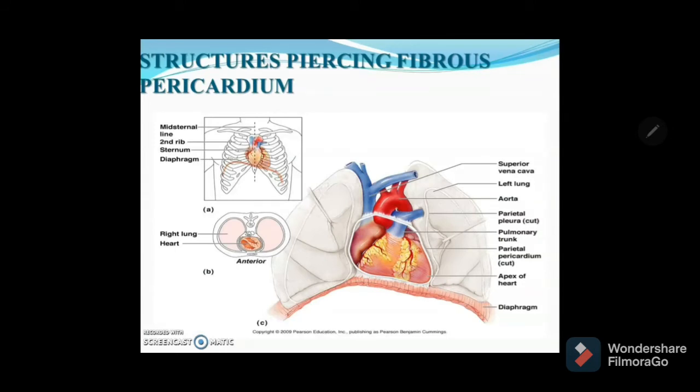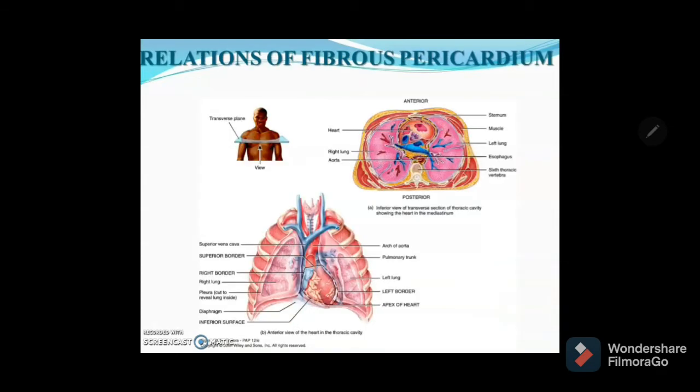And coming to the structures piercing, as we have already seen, the fibrous pericardium has a lot of openings for different structures. You can see the superior vena cava, ascending aorta, pulmonary trunk, and from below the inferior vena cava pierces it and enters the heart. So coming to the relations, anteriorly, as we have seen, it is related to the sternum, and in persons below 18 years you can see part of the thymus gland also anterior to the fibrous pericardium.